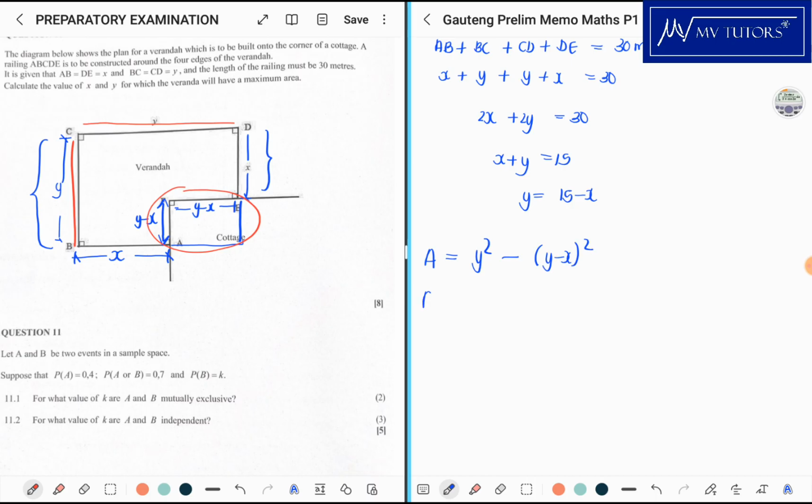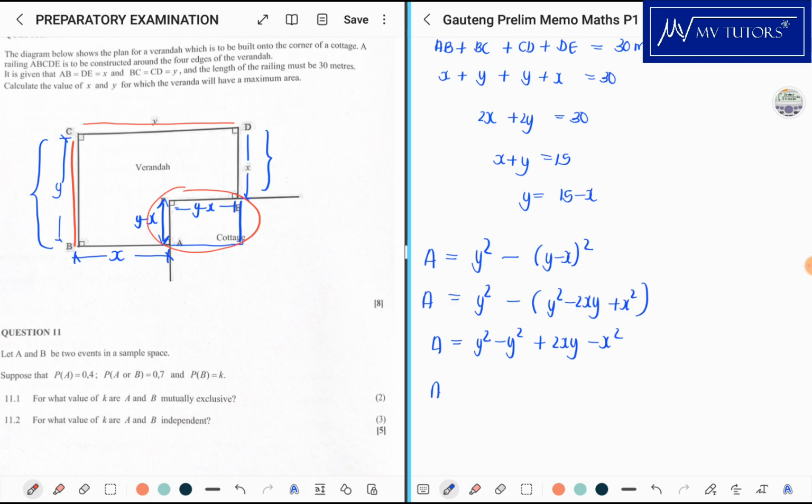Let me simplify that. Y squared minus 2xy plus x squared. So I have y squared minus y squared plus 2xy minus x squared.